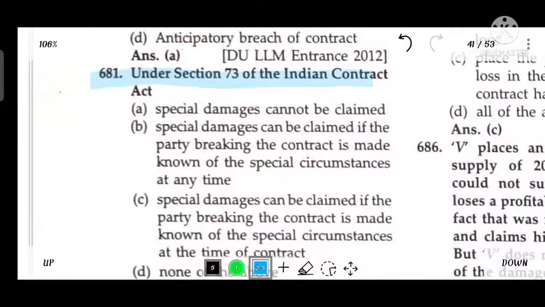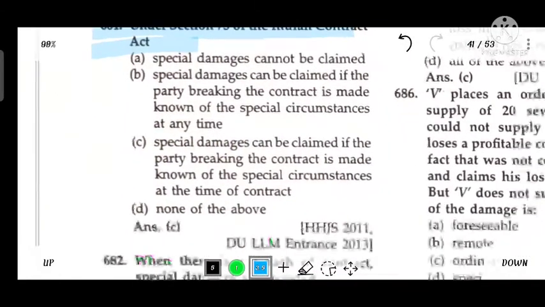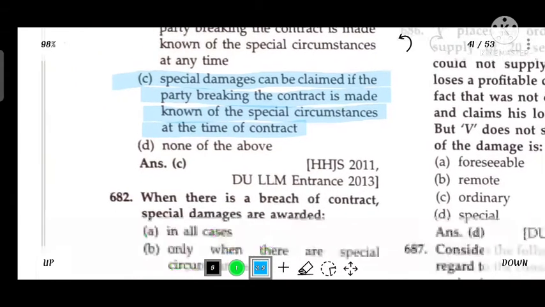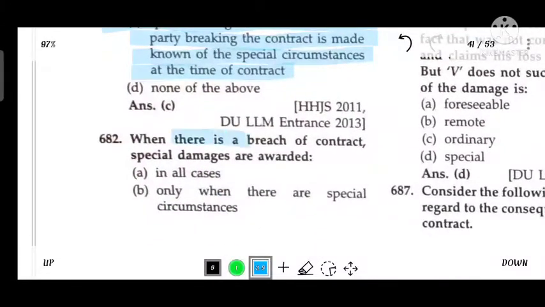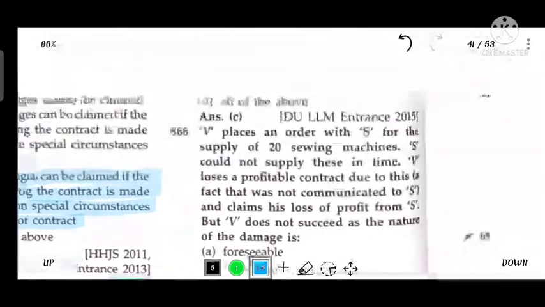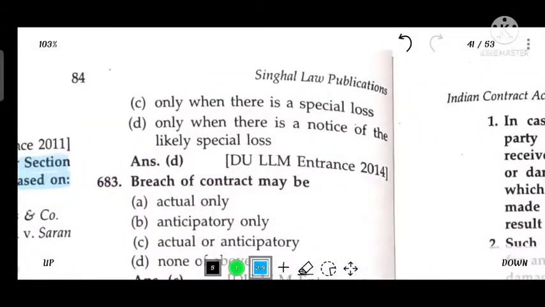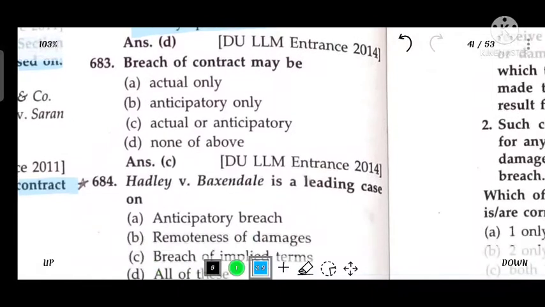Under Section 73 of the Indian Contract Act, special damages can be claimed if the party breaking the contract is made known of the special circumstances at the time of the contract. When there is a breach of contract, special damages are awarded only when there is notice of the likely special loss.